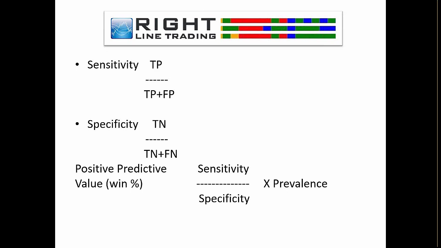So you want to get every winner. If you trade with specificity, you want to avoid every loser. Every time there's a true negative move, which is a move that is not going to make you profitable, you want to avoid it. So what should be your bias?